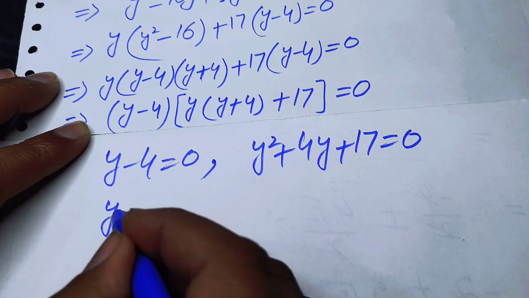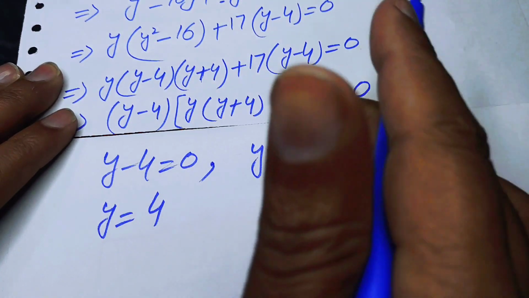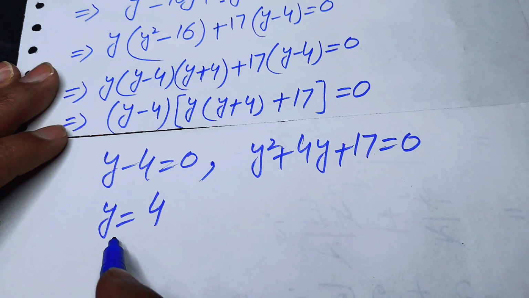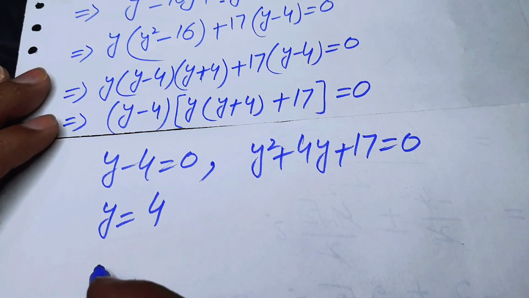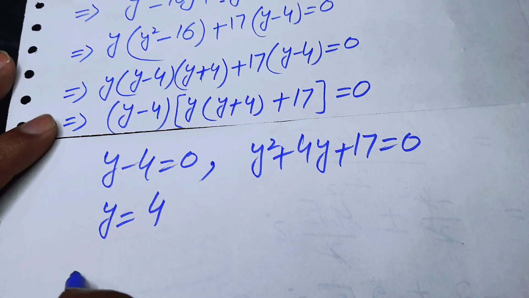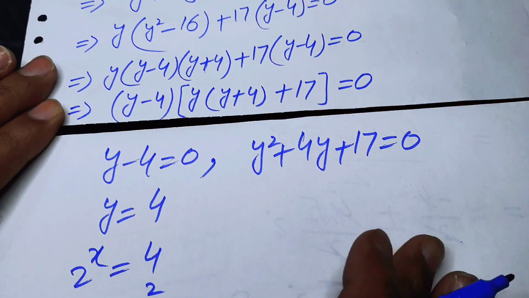Here we get y is equal to 4. We substituted y is equal to 2 to the power of x, so I will back substitute the value of y and get 2 to the power of x is equal to 4, and we write 4 as 2 to the power of 2.